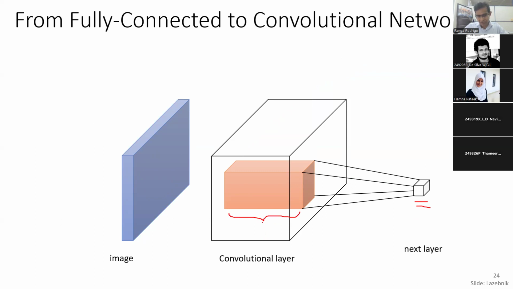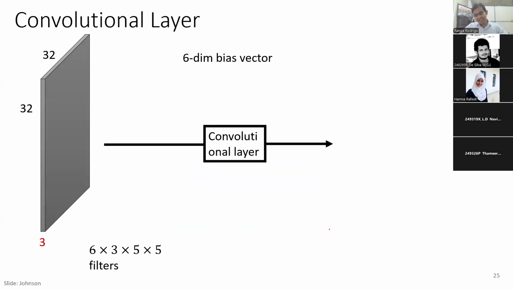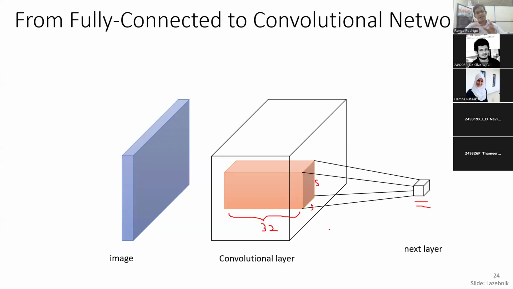Let's consider this as not 24 but 32. 32 is the depth of that. Okay, this can be a 5 by 5 convolution. Now you can see the computational complexity is higher. The number of computations is higher. So you have to have that many filters to compute the next output activation map. Okay. Any questions about this?